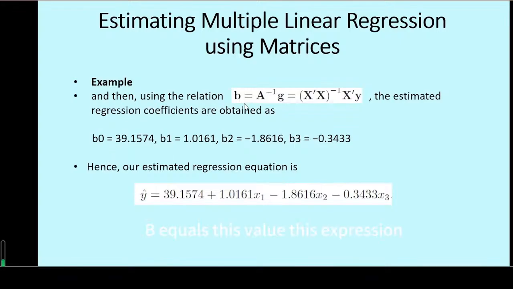Then B equals this expression. We just fill in all the matrices, then we can get B's values: B0, B1, B2, B3. So the estimated multiple linear regression model is y hat equals the B parameters times the x variables, and here y hat means the mean value of y given the independent variables' values.